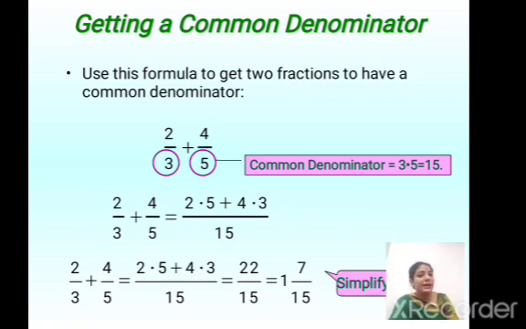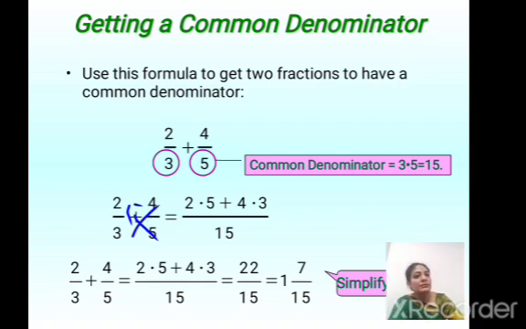We will multiply the 5 with 2 and 3 with 4. So it becomes 2 into 5 plus 4 into 3 upon 15. Here you can see we will multiply this to this and this to this.